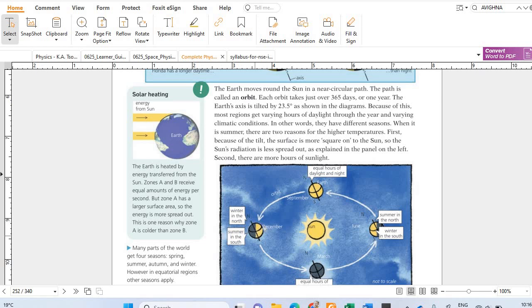Look at my mouse pointer, and then it will have spring here, and then it will have summer again. Similarly, for the southern hemisphere it will be the other way around. It will have winter here, followed by spring here, followed by summer here, followed by autumn here.